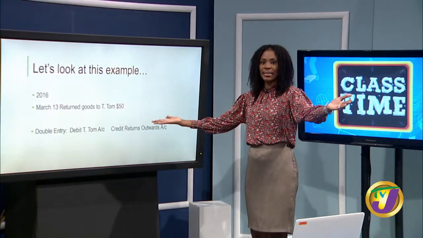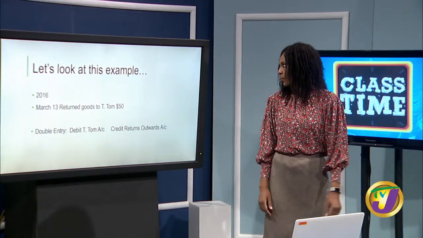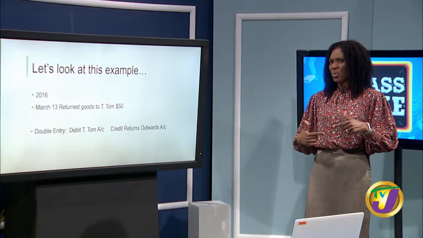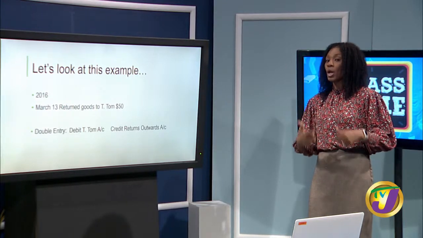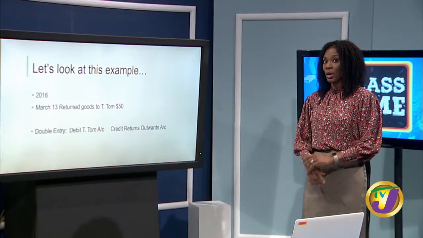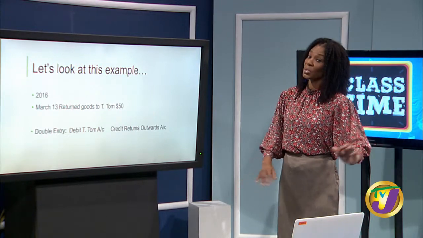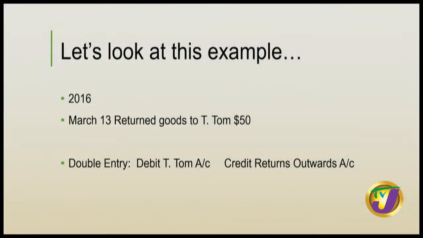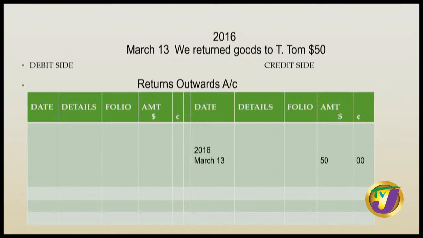Now, let's look at an example. You remember on March 6th, I think, we bought some goods from T-Tom. Now, March 13, we decided that we're going to return some goods to T-Tom. Now, which two accounts would be affected? Give me one term for returning goods to the supplier. That would be what? Returns outwards.